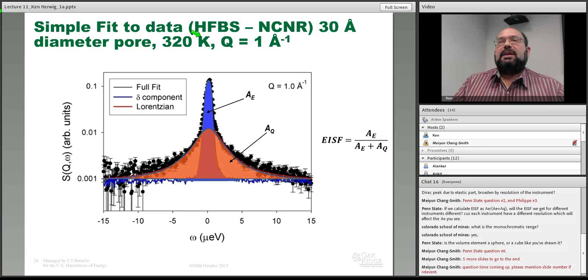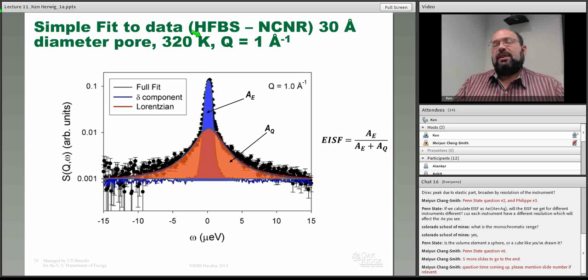Now, if a single Lorentzian goes in and I can see that I've got some systematic residuals left that also show a broadened component, then obviously a single Lorentzian is not enough. And I may need either an additional Lorentzian or a distribution of Lorentzians or some other line shape in order to capture those intensities.